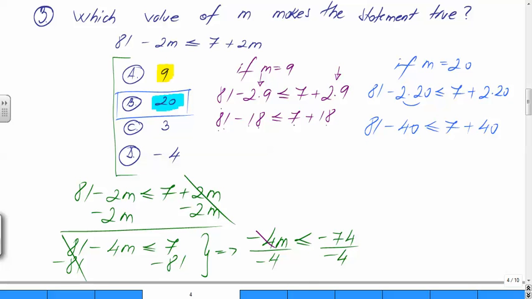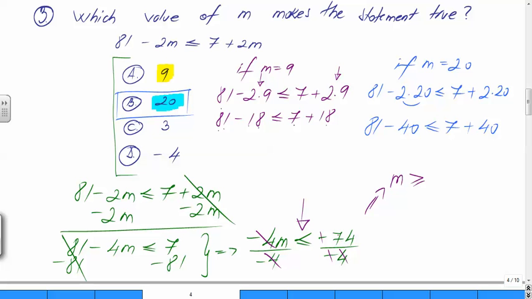Negative 4m divided by negative 4 is going to be m. Now, because you're dividing by a negative number, your inequality sign switches, right? Flips. And negative divided by negative is going to be positive. 74 and 4, well, first of all, 4 and 74 are even.